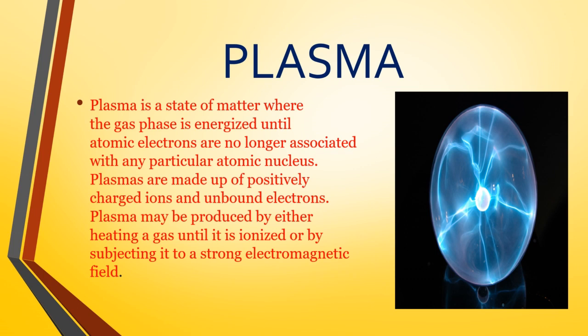The nucleus is present, but the electrons are no longer associated with a single, particular atomic nucleus. Plasmas are made of positively charged ions and unbound electrons.